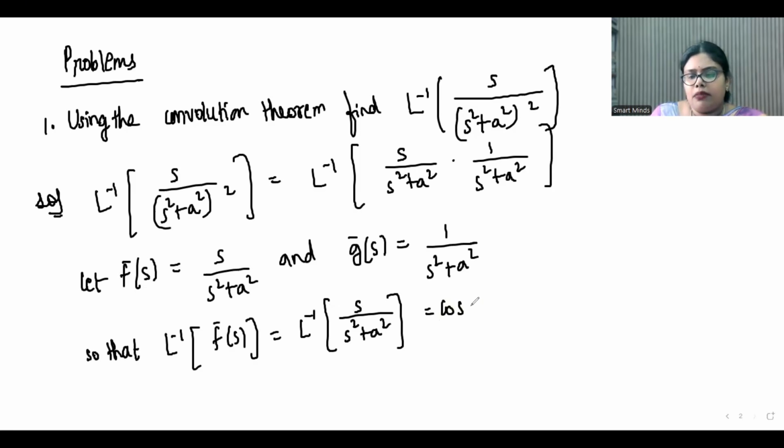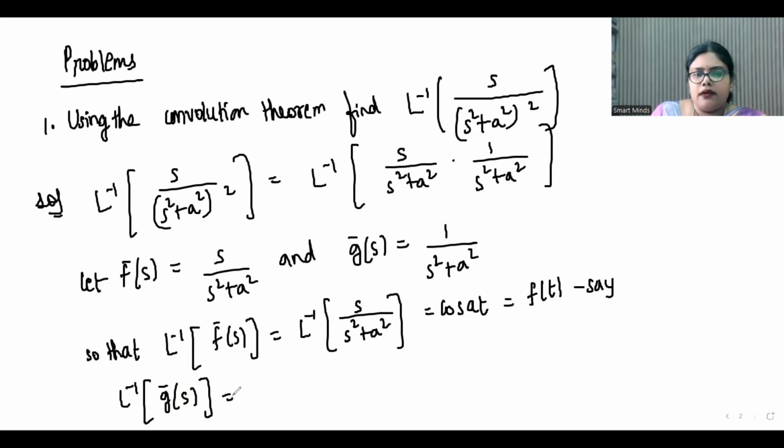That is nothing but cos at, which is equal to f of t, let's say. Now L inverse of G bar of s is equal to L inverse of 1 by s square plus a square.